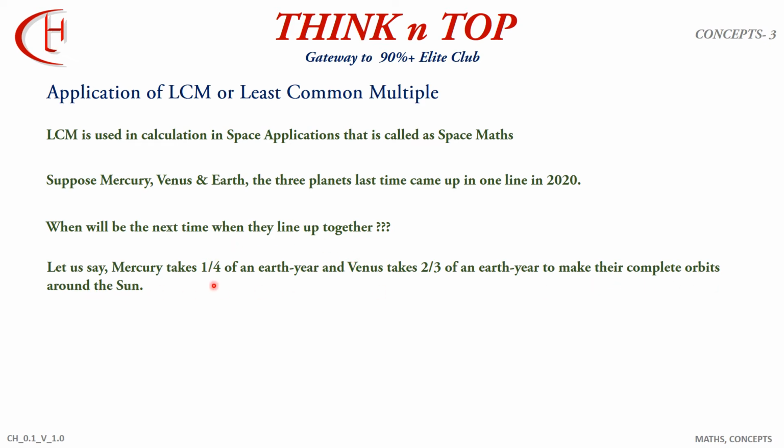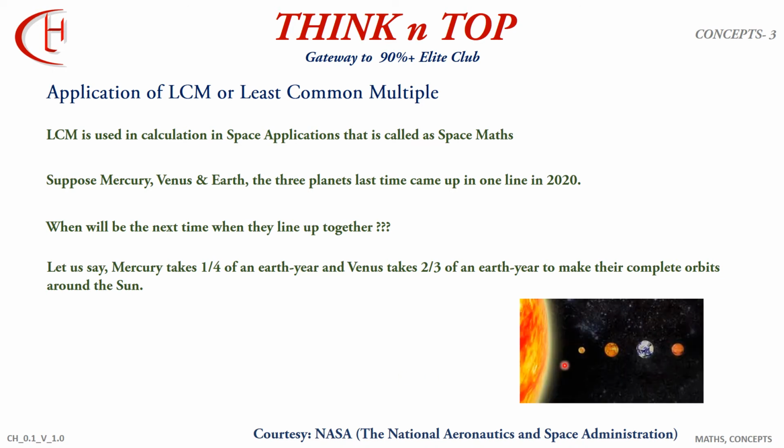Now this is very vital information. Courtesy, we are very thankful to the National Aeronautics and Space Administration of the United States of America. Now this is the picture. It looks like this. When they come in one line, there are 4 planets over here, but we will focus on 3.